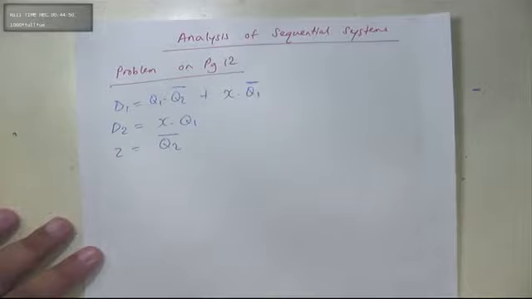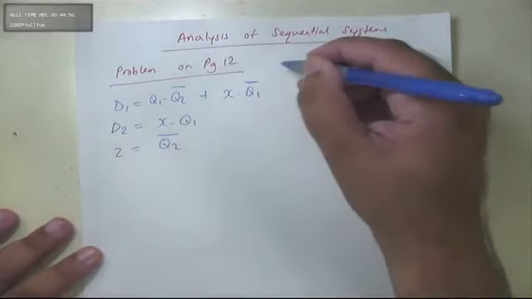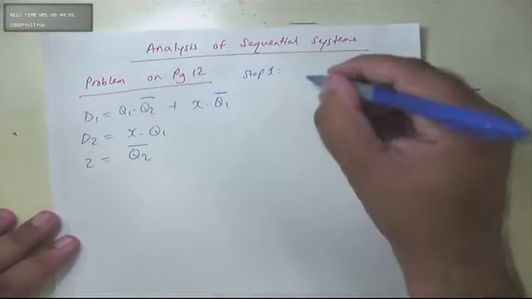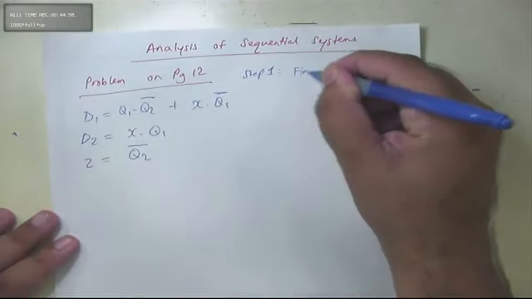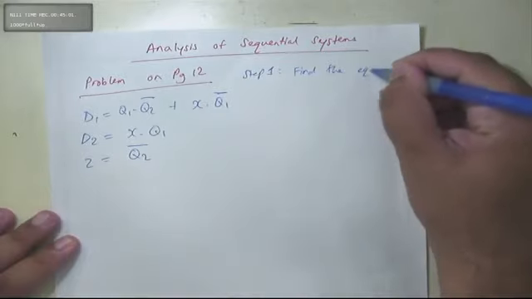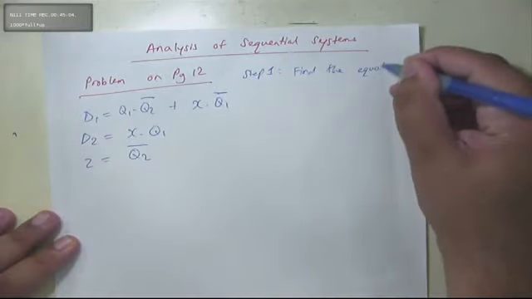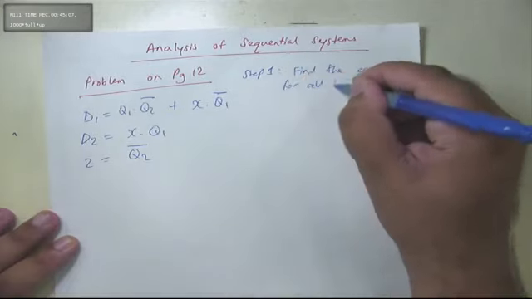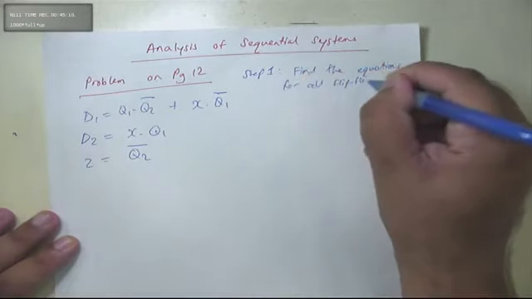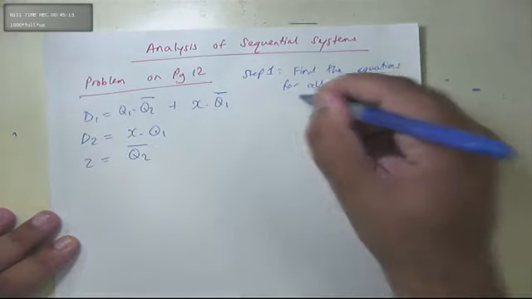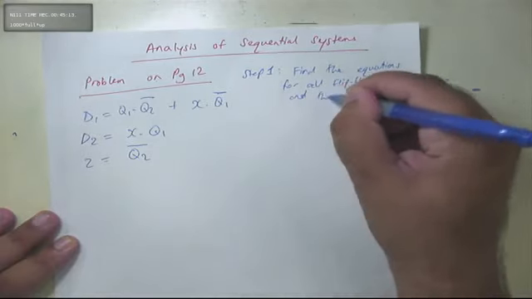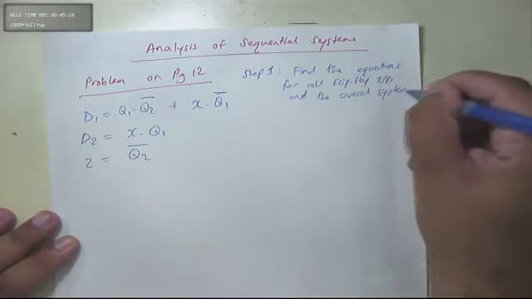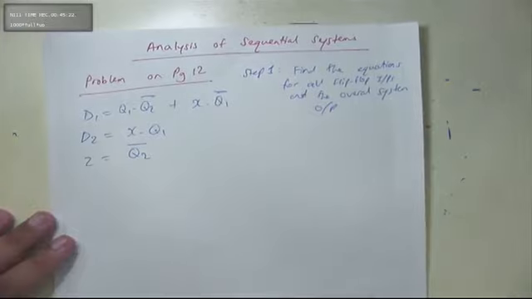The next step, guys, is to draw. So step one: find the equations for all flip-flop inputs and the overall system output.